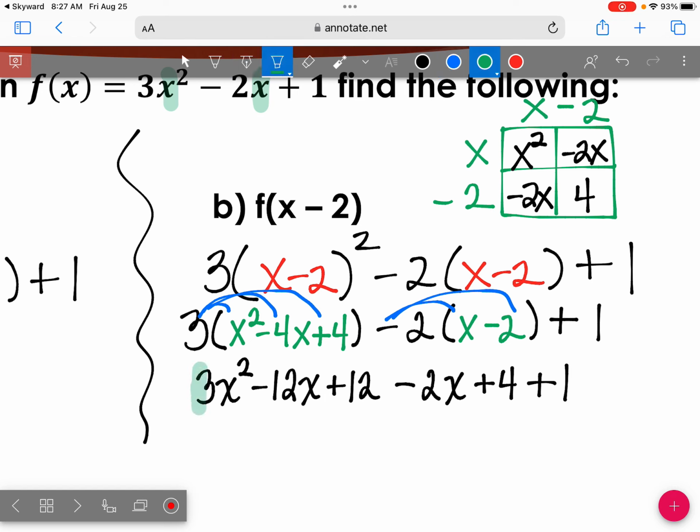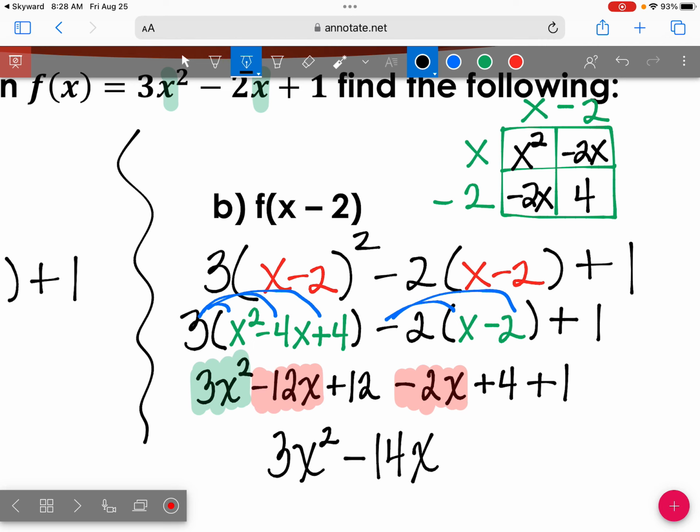So there's only one x squared term, so there's nothing to add that to. And then when we look at our x's, we have a negative 12x and a negative 2x. So that'll be a negative 14x. And then lastly, I have a positive 12, positive 4, and a positive 1. And when we add that together, we get 17. And that would be your final answer.